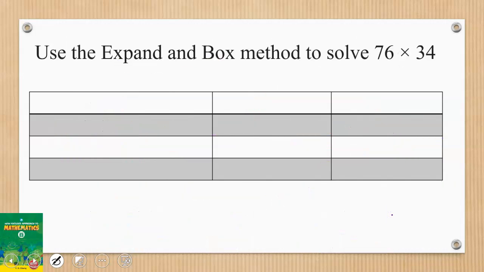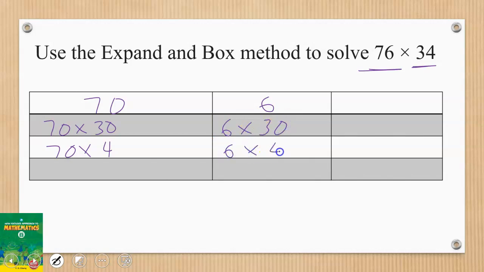Here we want to do 76 times 34, also with this expanded method. So we have 70 and we have 6, and 30 and 4. We are going to do 70 times 30, then 70 times 4. Then when you come, you're going to do 6 times 30, then 6 times 4.